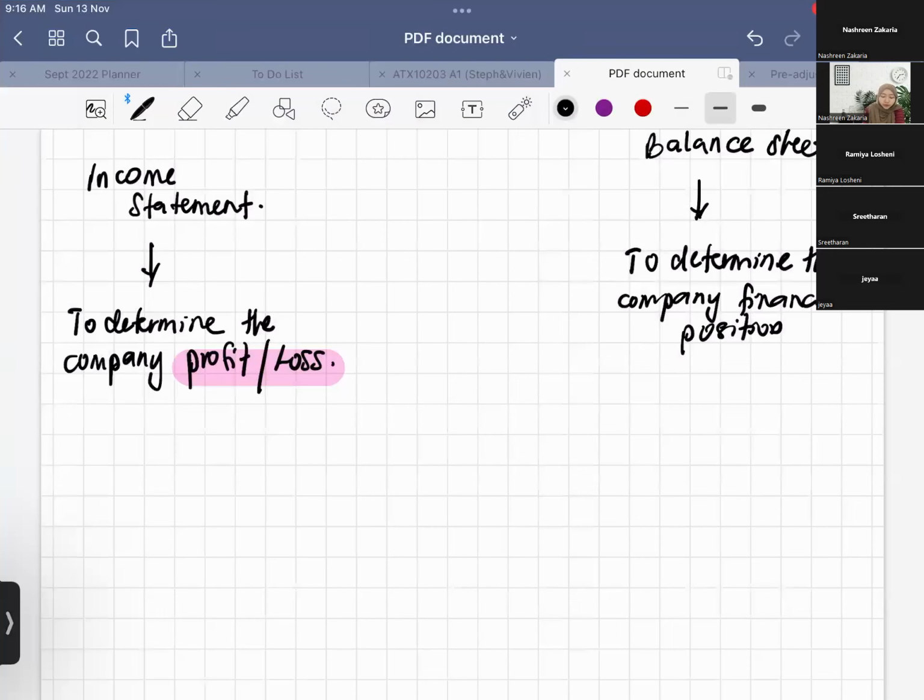Okay. So first thing first, for the income statement. The elements that need to be included in the income statement are only 2. Revenue and expenses.